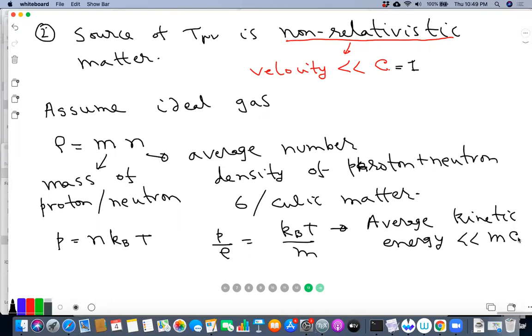Again it's mc squared, but c has been set equal to 1, so it's much less than m. And so you see that P over rho for non-relativistic matter is much less than 1. So we say that non-relativistic matter has an equation of state that is P equal to 0, because P over rho is very small. This is the equation of state we'll be using for non-relativistic matter.